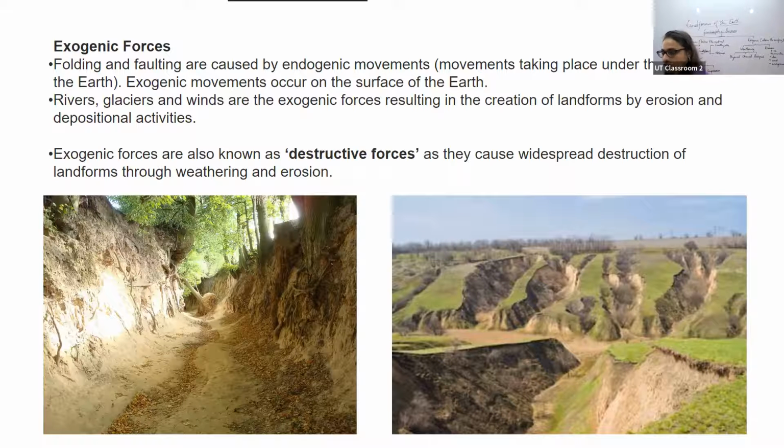Erosion is what? When you don't have crops growing in a particular area, you can see these pictures. This is the Chambal Valley. Over here there are many villages that have got destroyed because of these things. These are called ravines, R-A-V-I-N-E-S.